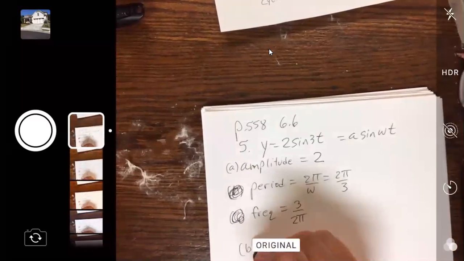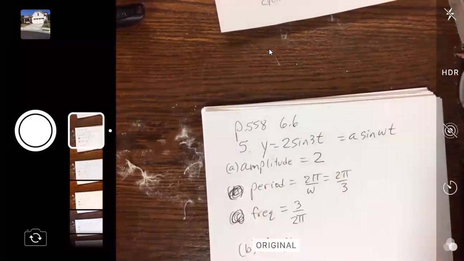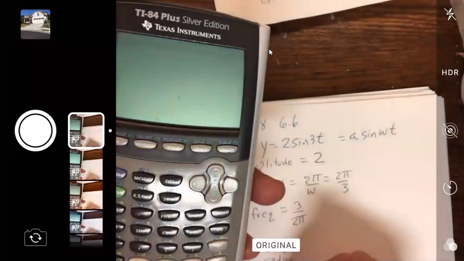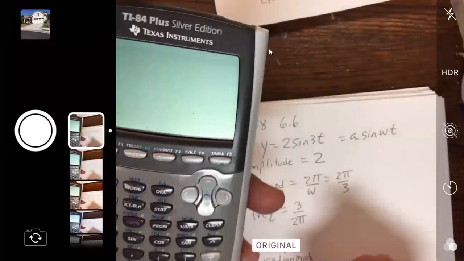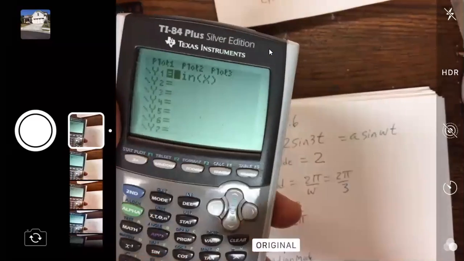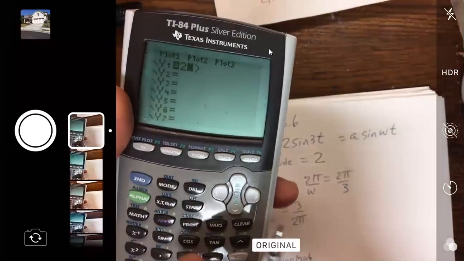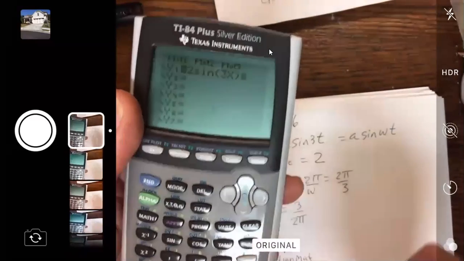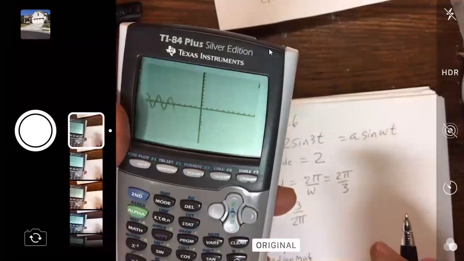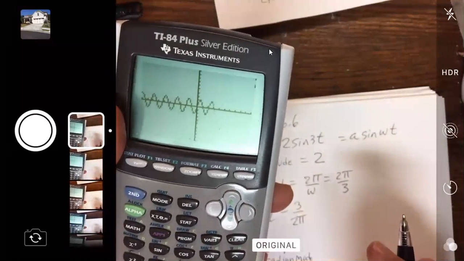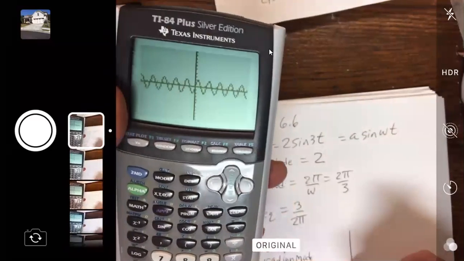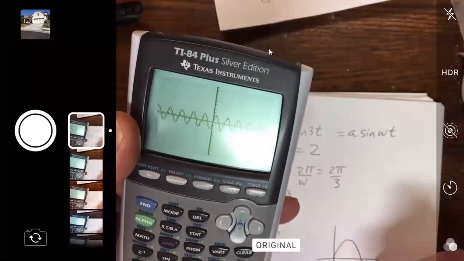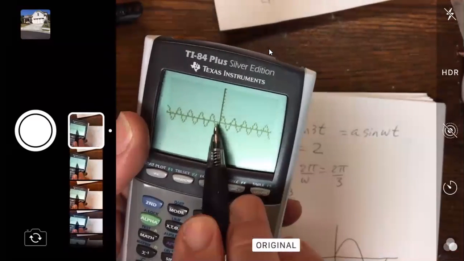And then part B is the graph. Radian mode. Y equals 2 sine of 3x. We're using x for t. Graph. And you see it's going upside down. They say over 1 period. They probably usually mean on the positive side, so we'll just pull off 1 cycle, starting at the origin.